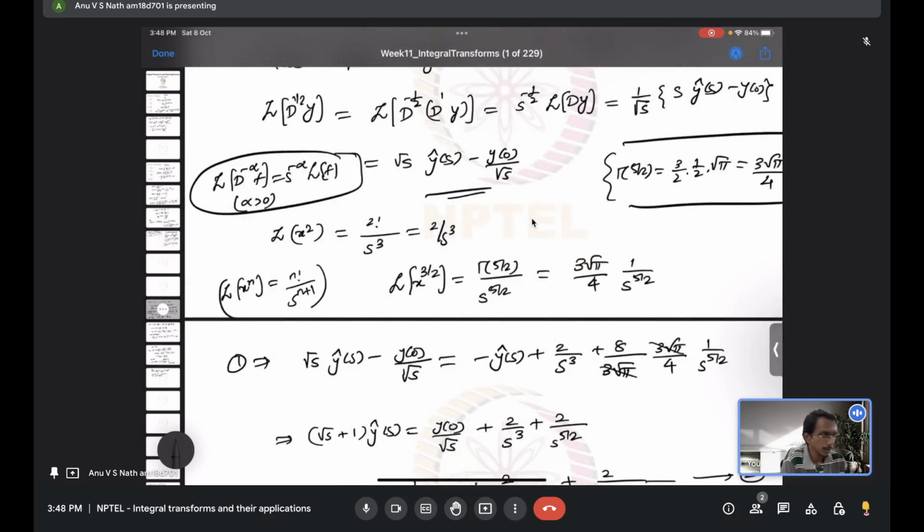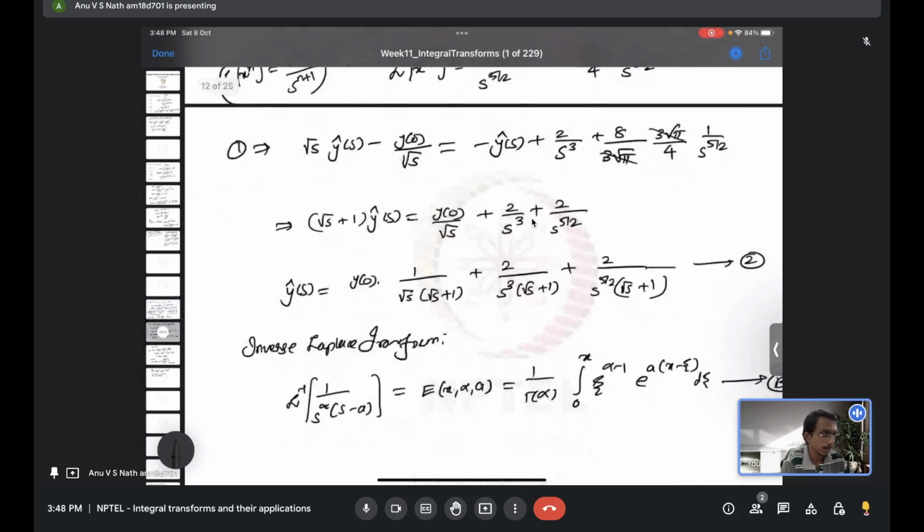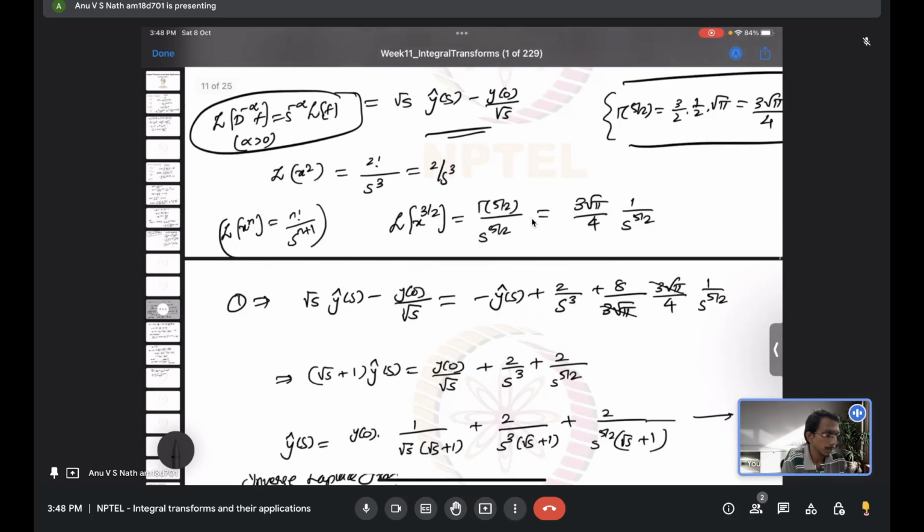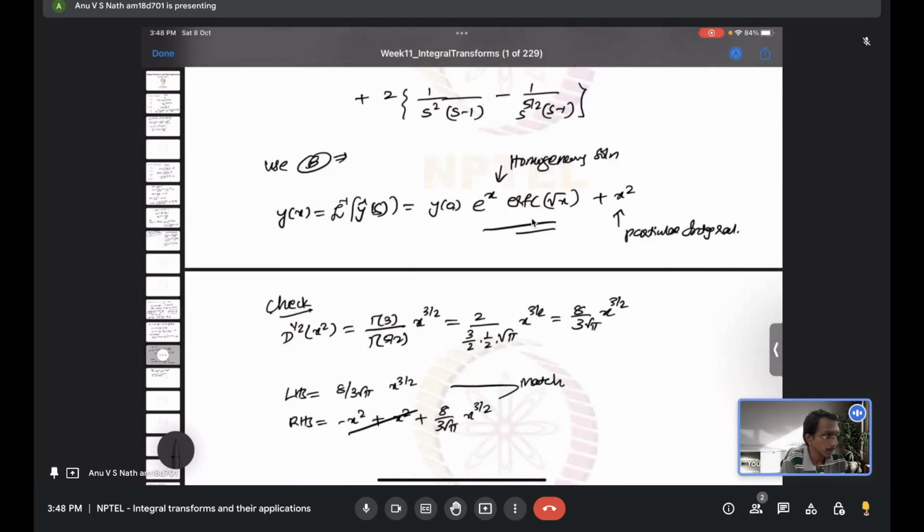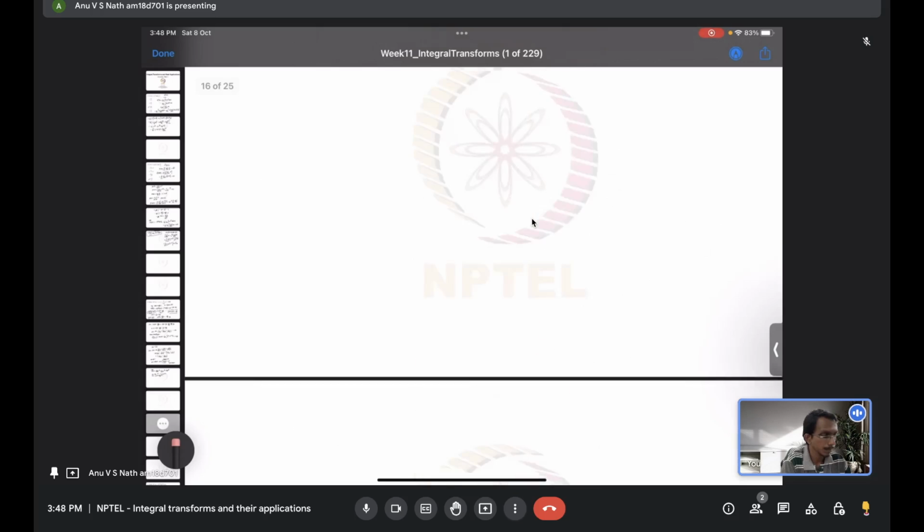Because of the numbers we have, the E integral will reduce mostly to the error function and its complementary part, and most of them will cancel, and that's why we are finally getting the solution here as x square. Most of the terms cancel and the sum of the remaining terms are there in their common integral function. That's what we got as the solution. You can try how to take the inverse and use the properties of the E integral to get the solution. So I hope that is clear. So we'll move to the next question.